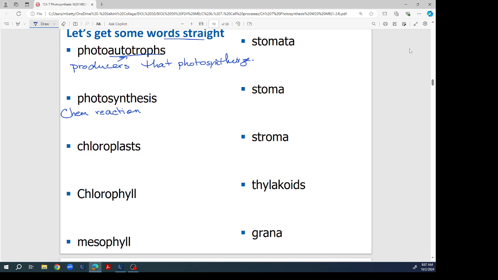You could write out the whole chemical reaction, or you might think of it as turns light energy into chemical energy. If you wanted to say sugars instead of chemical energy, that would be fine too. So make sure you put these in a level of vocabulary that you're comfortable with. Again, these aren't glossary definitions. This is for you to get them straight.